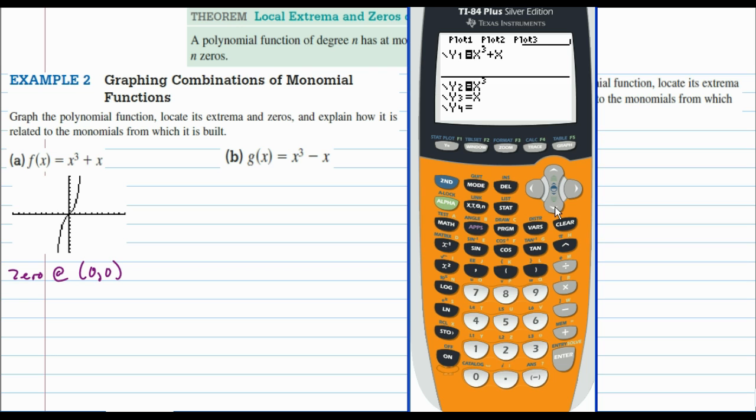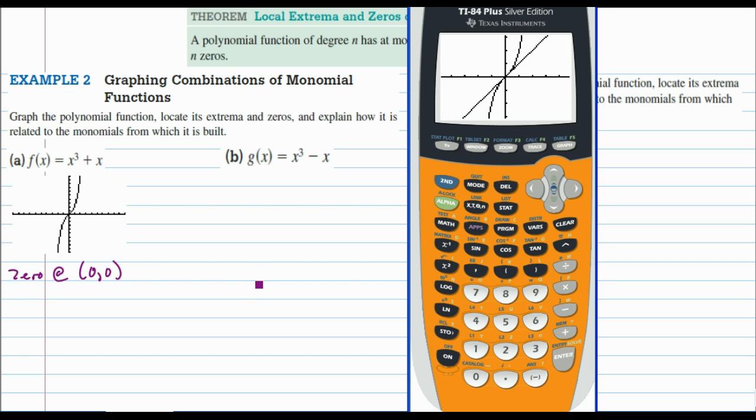Now let's see what happens if I turn off x cubed, and turn on y3. There's the original. See now towards the inside, let's hit zoom 4 on that. The inside of this function looks very much like y equals x.